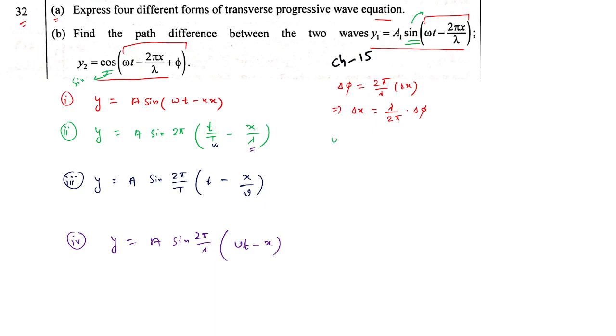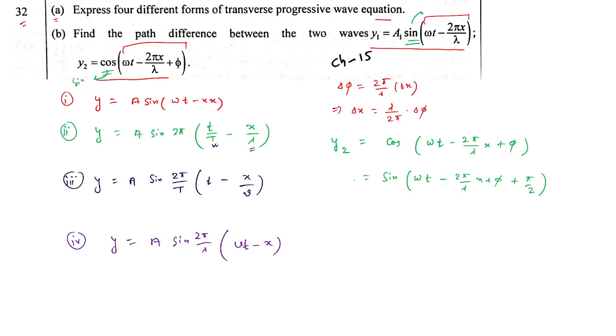The displacement y2 is cos(ωt − 2πx/λ + φ). To convert it into a sine function, we add π/2. You remember sin(θ + 90°) = cos θ, correct?